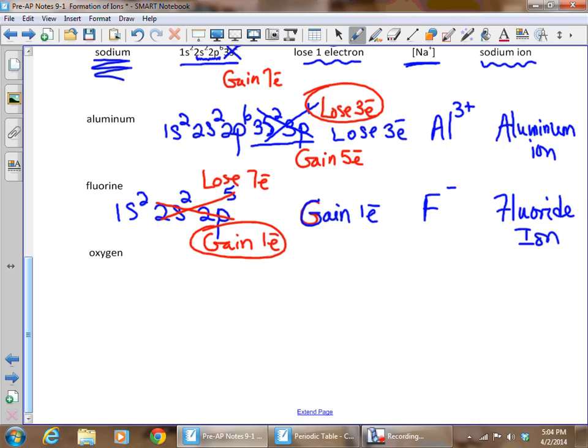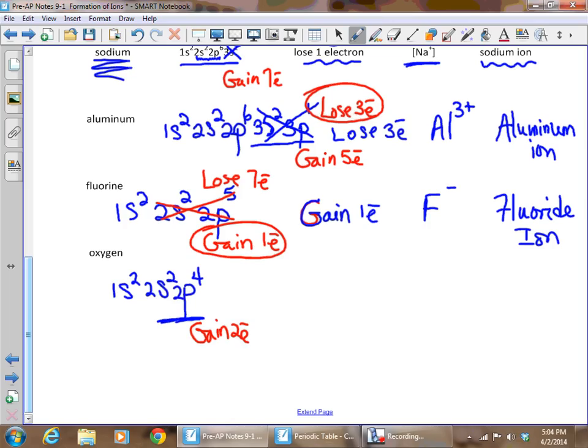So see if you can do oxygen real quick on your own. Pause this real quick and see if you can come up with the number of electrons lost or gained and its charge. So hopefully you looked up oxygen, seeing that it's a 1s2, 2s2, 2p4 element, which if we wanted this to be a 2p6, we would need to gain 2 electrons.